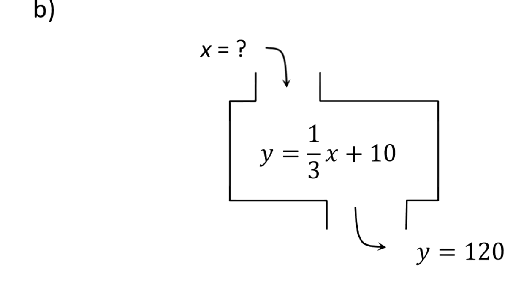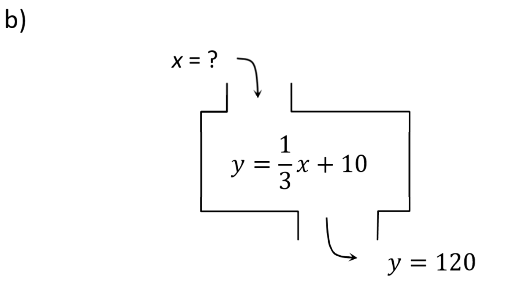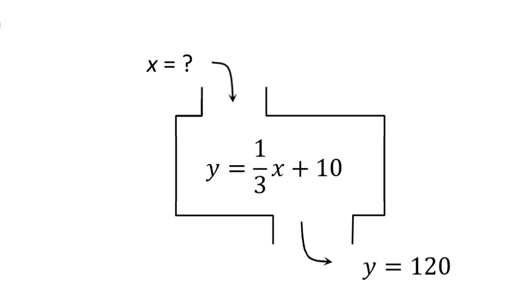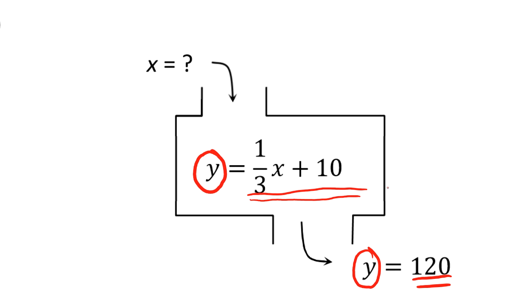In part B, we're told that the output of the function is 120, and we're asked to identify what value of x would have to go in to produce that. If you look closely, we're told that y is 120, and we're also told that y is this relationship, 1/3 x plus 10.